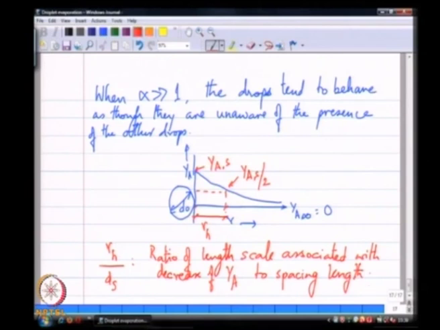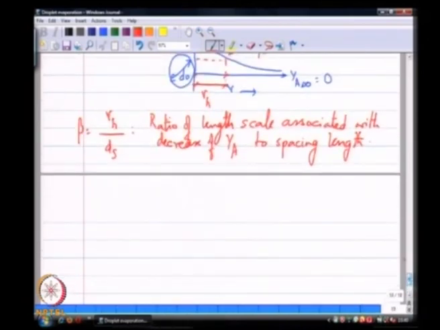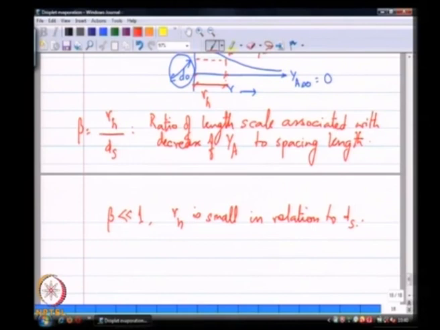So, again, if this r sub h over d s, I will call this a second ratio, beta. If beta is much less than 1, that means r sub h is small in relation to d s, that is, each drop is again uninfluenced by the presence of the other drops.